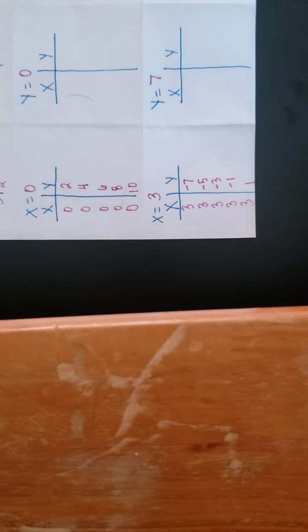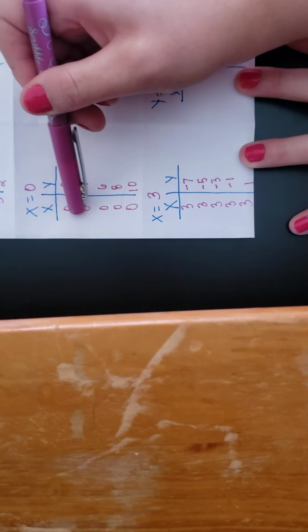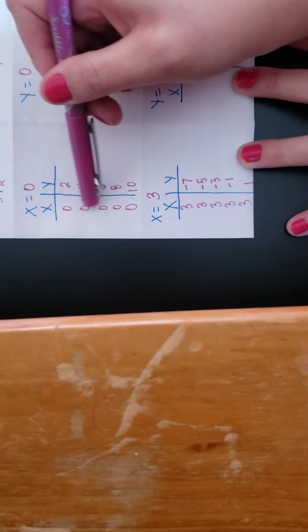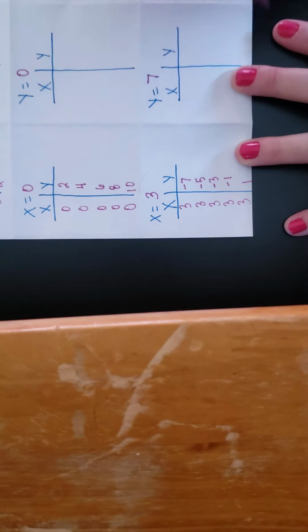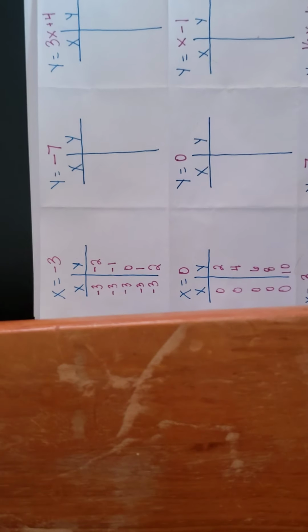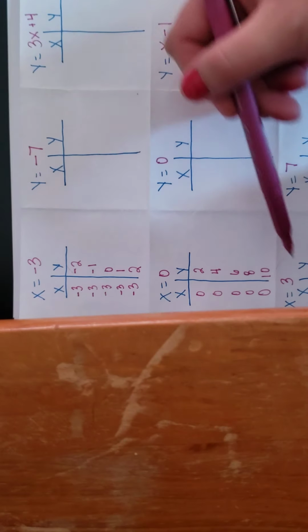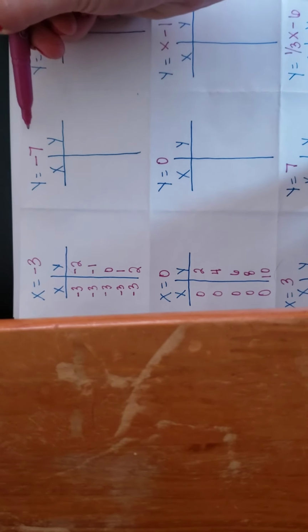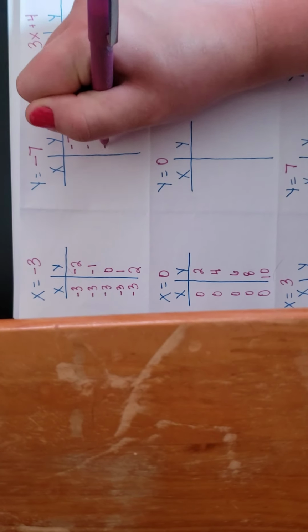So just as a recap, these x equals lines, they tell you that your x value stays the same the whole way down, and you can choose whatever y values you want. Moving on to column 2, these ones are just y equals a number. So they're just going to be the opposite of what these tables look like. So where y equals -7, all 5 of your y values are going to be -7.